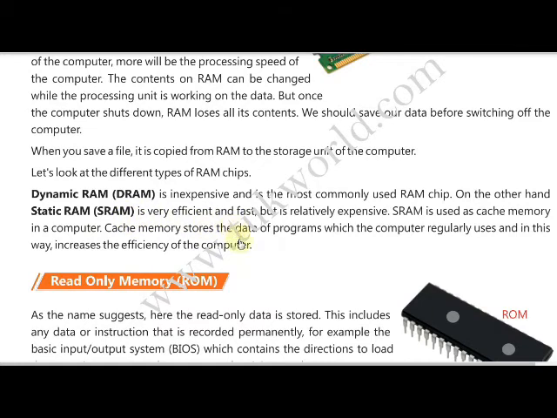It stores data which is required regularly by the programs. Understand? And for that, it is responsible to increase the efficiency or speed of a computer. This is about SRAM. We are going to learn about SRAM in detail at the end of this session.